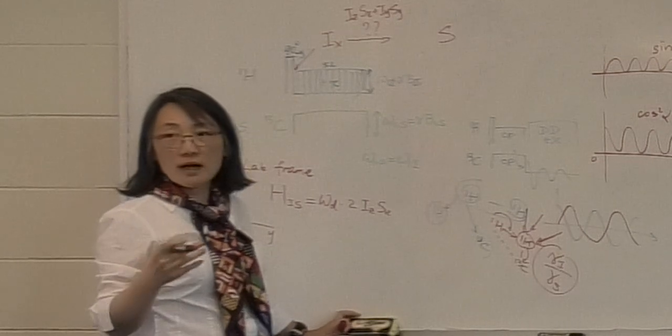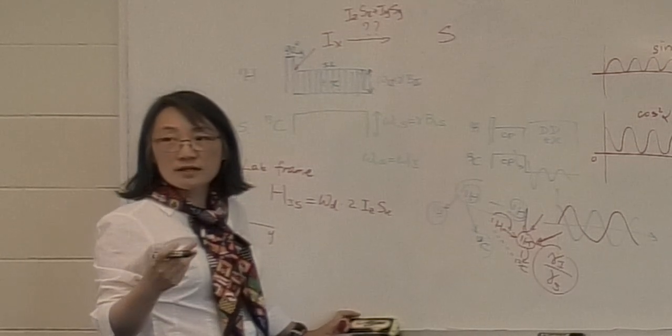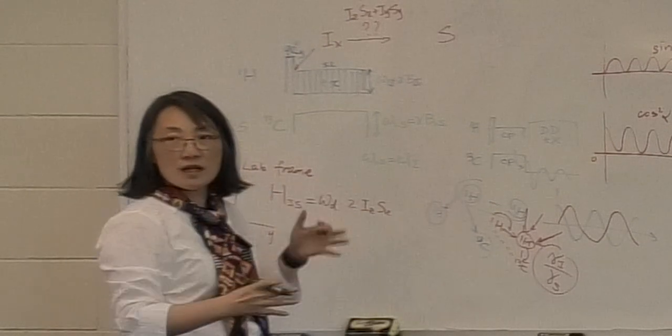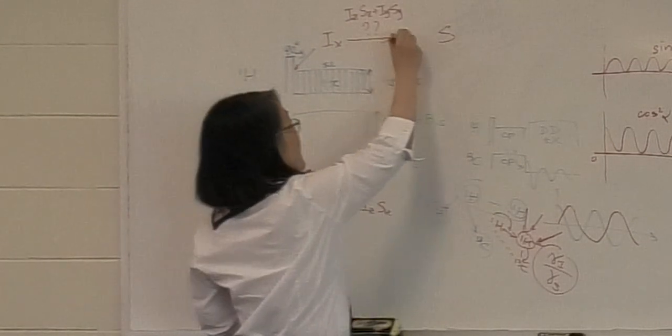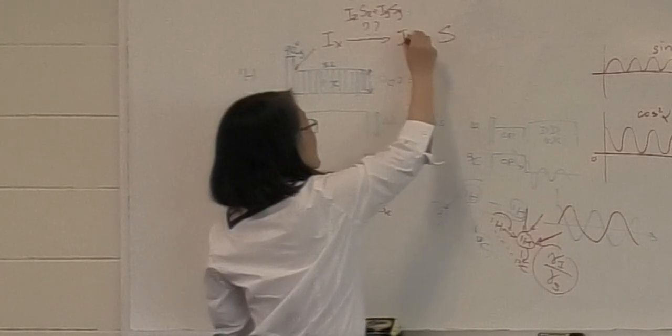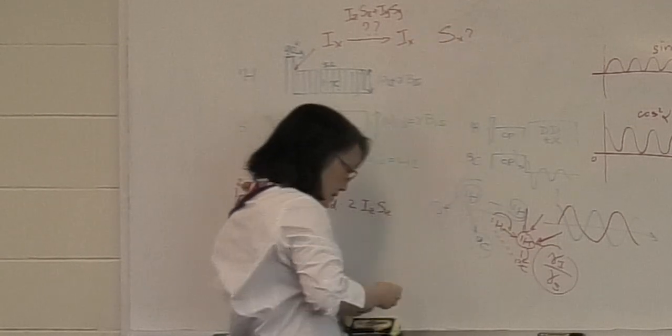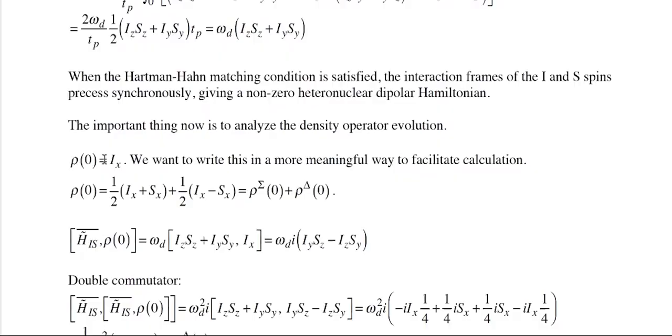There will be some I magnetization hanging around just because of the nature of these things. You don't completely lose the source magnetization. So you will have some kind of Ix left, but the question is, do you get any Sx? So that's the question. So Ix is my rho 0, and I would like to figure out rho of t.